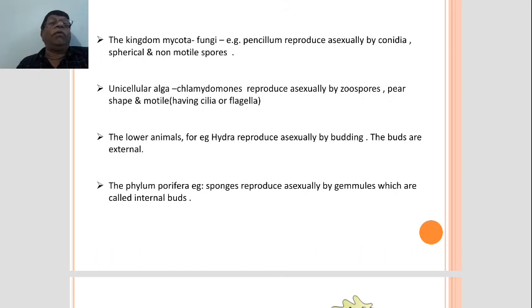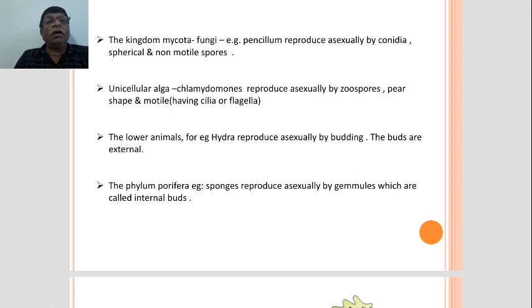Now, the kingdom Mycota includes fungi, for example, Penicillium notatum. From this plant, the penicillin antibiotic is obtained. How does Penicillium reproduce asexually? Penicillium reproduces asexually by the formation of what are known as conidia.